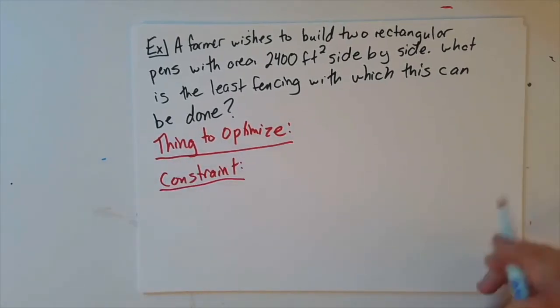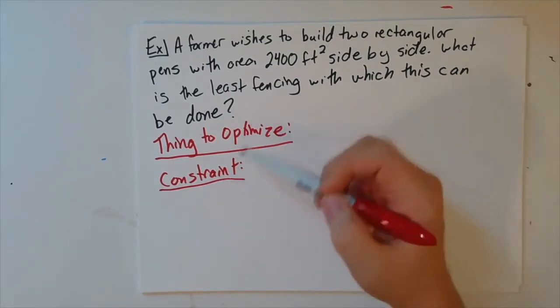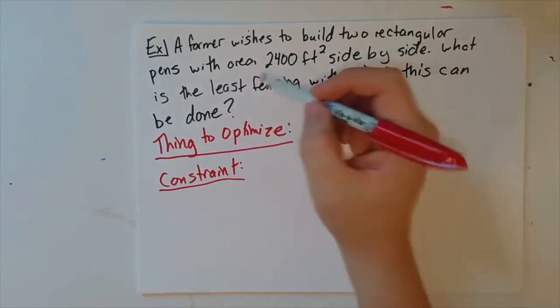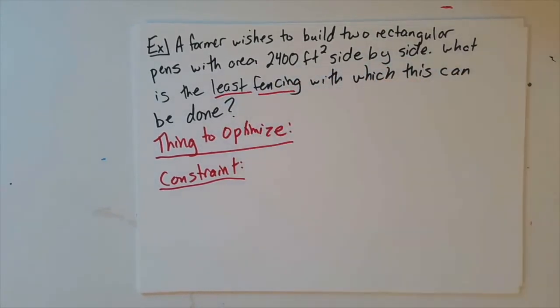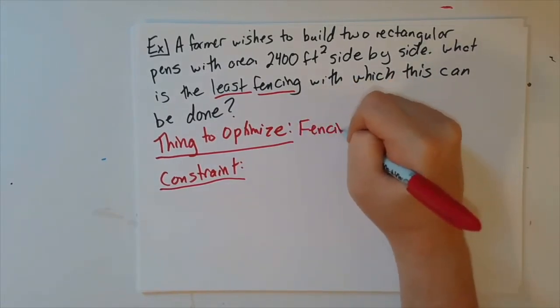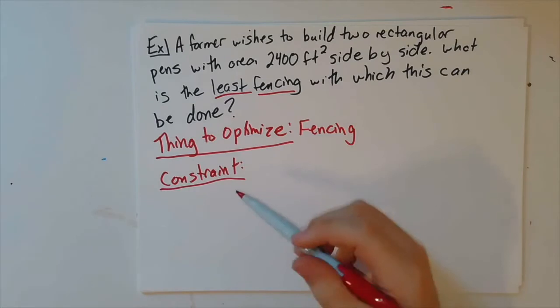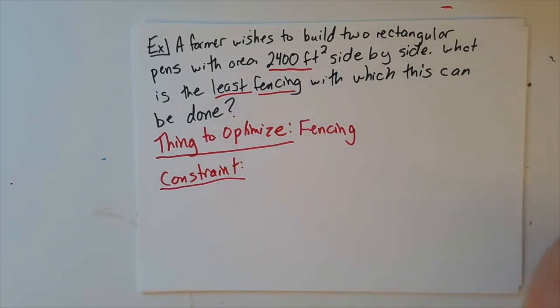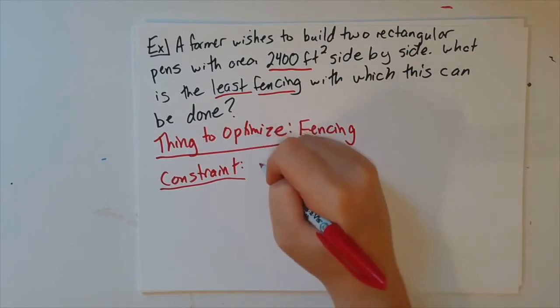But notice that these things have flipped from the previous question, because now the thing I actually want to optimize is the fencing, because we want the least fencing. And the constraint is now the area, because the area is given to us. It has to be 2,400 feet squared.